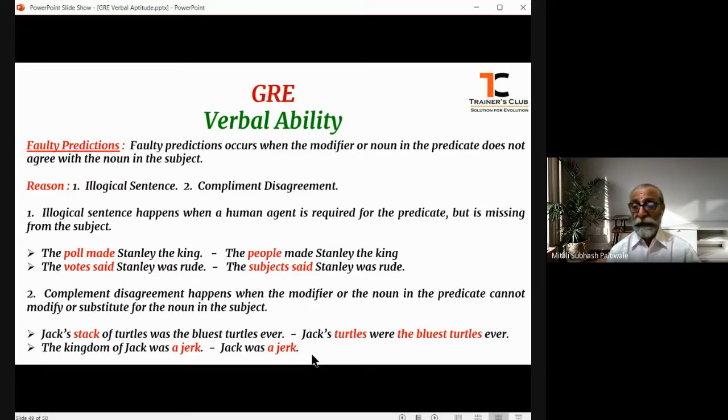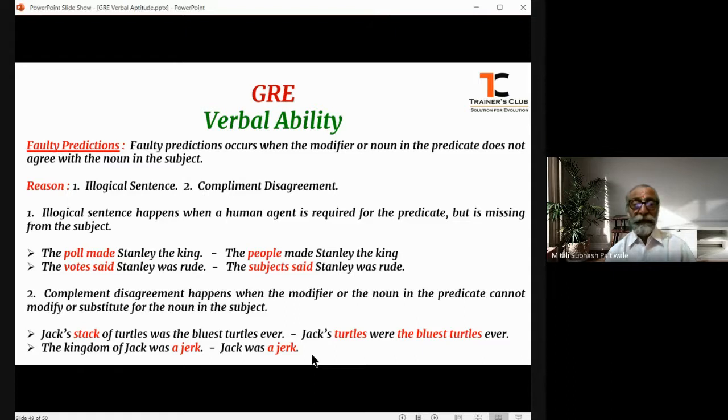Who polls? The polling should be connected to some humankind, the people. So if you correct that sentence, it becomes: the people made Stanley the king.